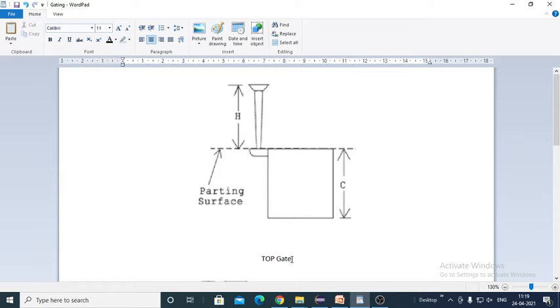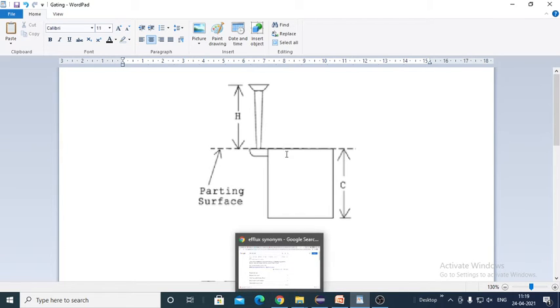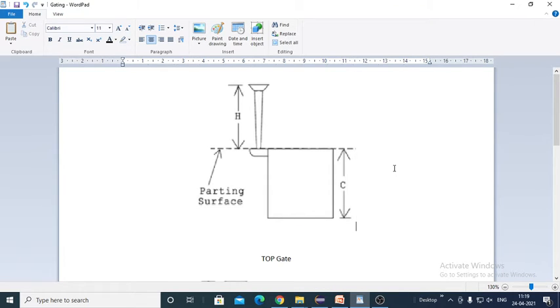Okay, now let us see what the advantages of this top gate are. If we see the advantages, first, this type of gate is easy to make and it is commonly used for simple gray iron castings. Okay, and another advantage is that it provides the most favorable temperature gradient for feeding of the solidifying casting, with the hottest metal at the top.